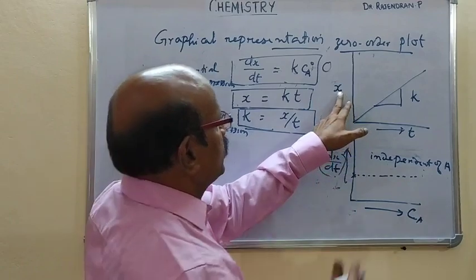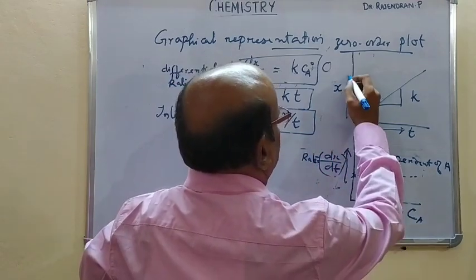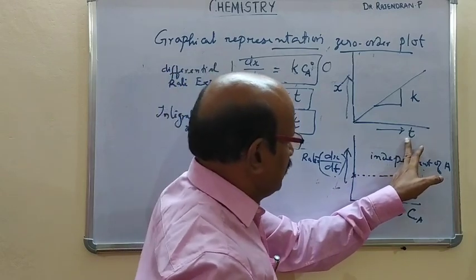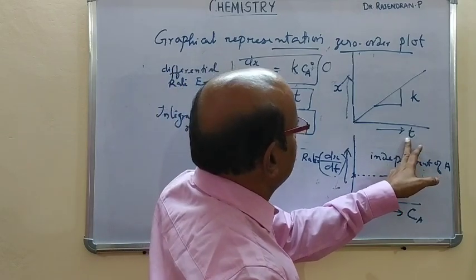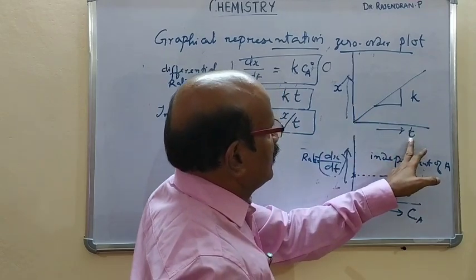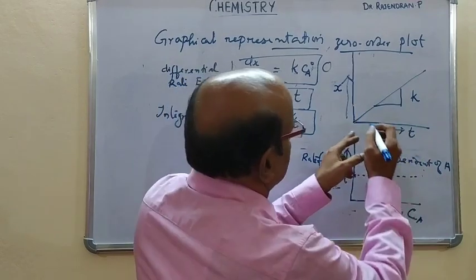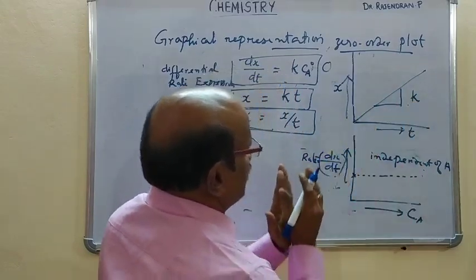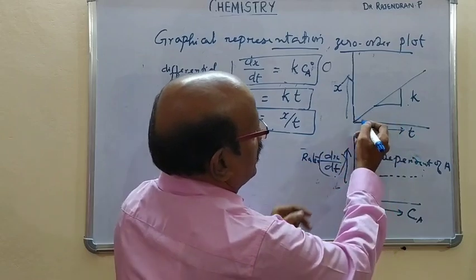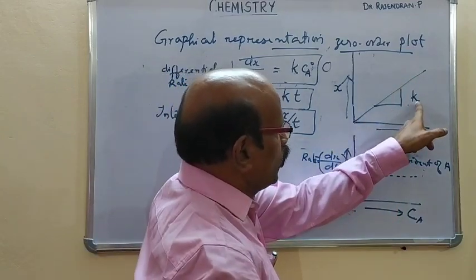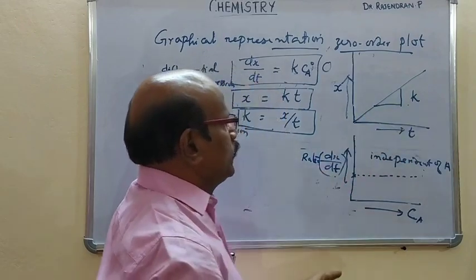If we plot the amount of the product formed on the y-axis against the time t, it means that x increases with time, with a constant slope. That means it is a straight, linear line passing through the origin, with a constant slope k.